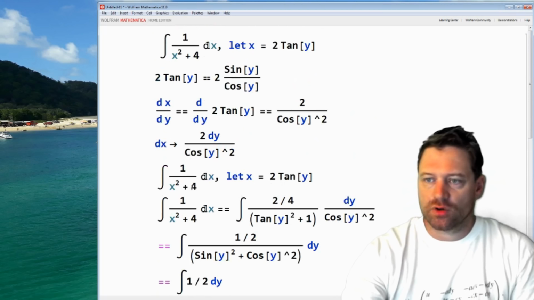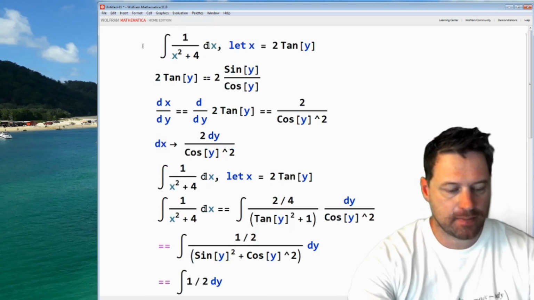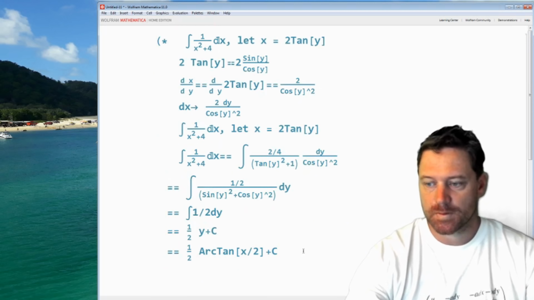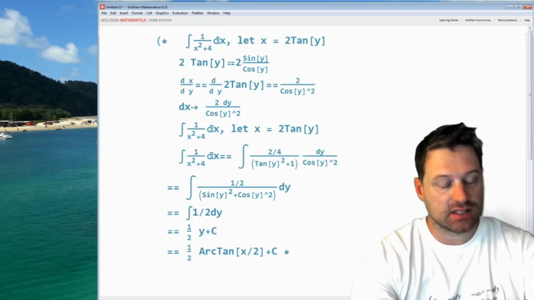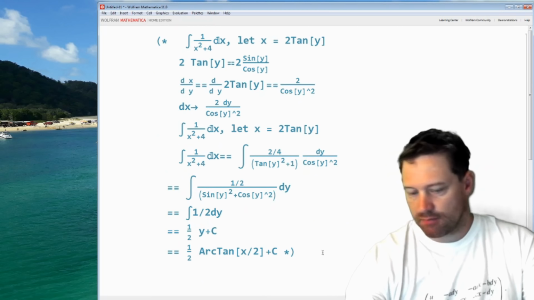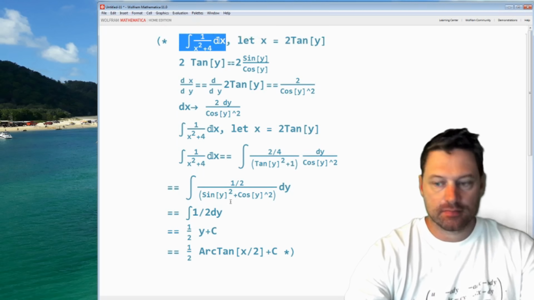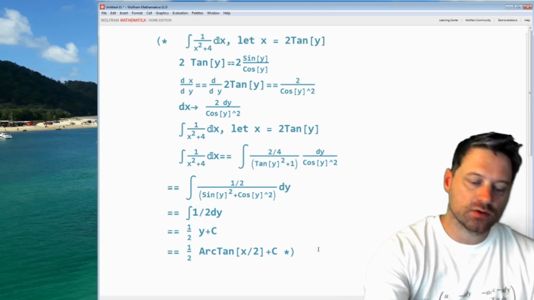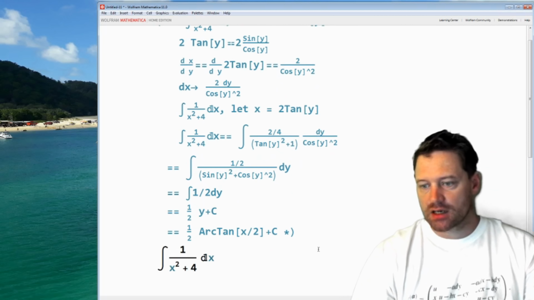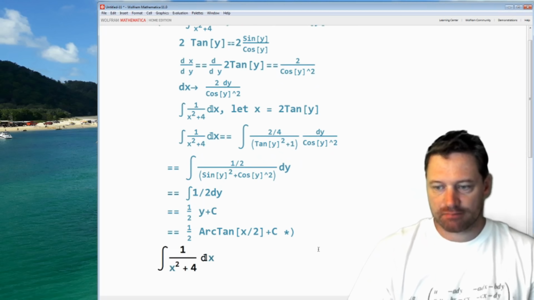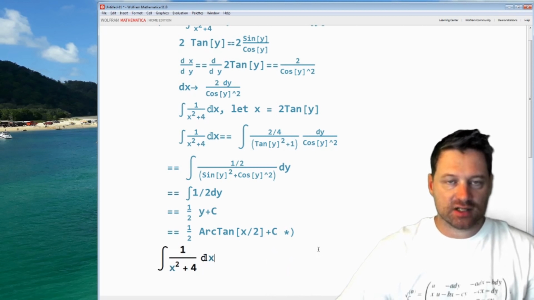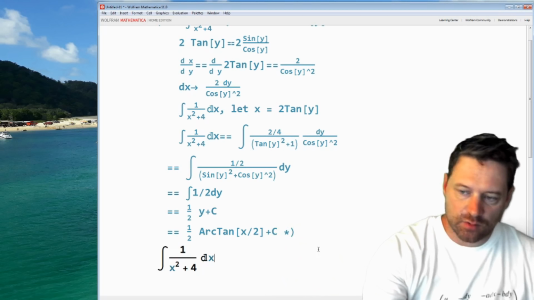Okay, so we will turn all of this into a comment so that we can actually check our calculation in Mathematica. All right, so let's copy this because this is working code in Mathematica, or you could just write out integrate 1 on x squared plus 4 comma x, and that would do the same thing.